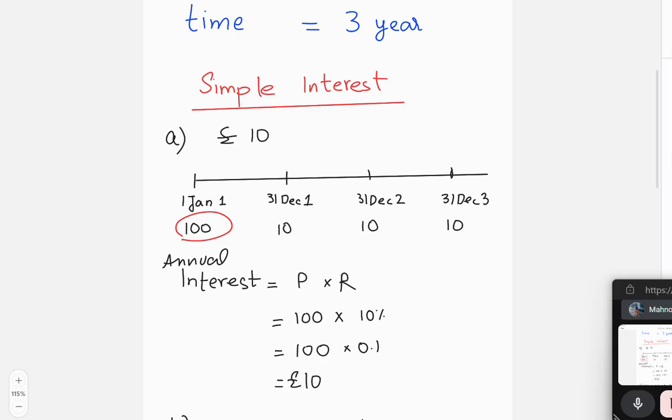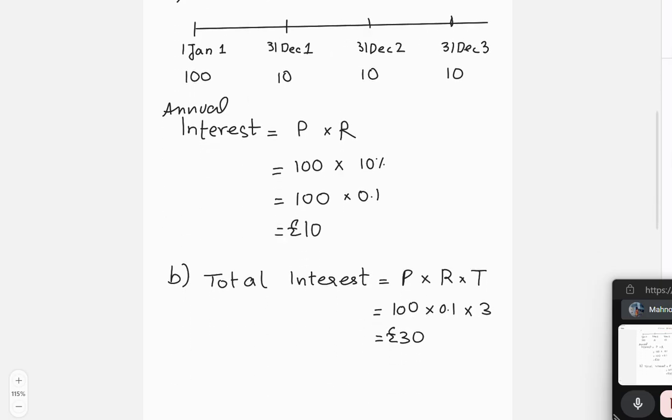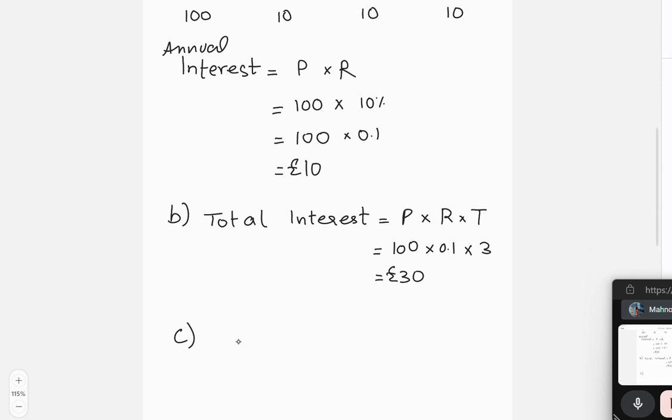So to put it in simple words, part C means how much money do we have in our bank account? We call it amount, the total amount. The total amount that you have at the end of investment is your principal and your total interest.